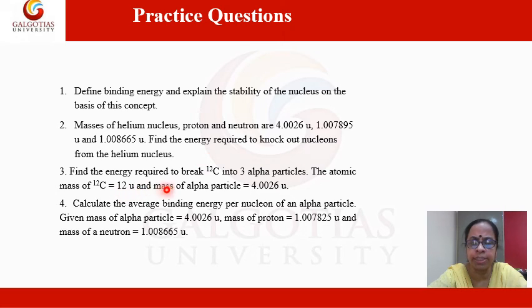Third question, find the energy required to break carbon-12 into 3 alpha particles. The atomic mass of carbon-12 is 12 u and mass of alpha particle is 4.0026 u. Fourth question is also a numerical. You have to calculate the average binding energy per nucleon for the alpha particle, given the mass of alpha particle, mass of proton and mass of neutron.